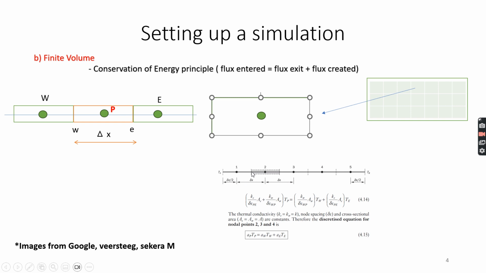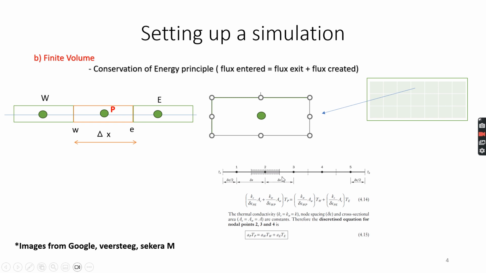As you can see over here, this is a set of 5 nodes for the one-dimensional heat equation, and the equations are written over here as 4.14, where it involves the coefficient of thermal conductivity, the temperatures at that particular finite volume node, which are Tp, Tw and Te, and also the area of the finite volume with the distance to the nodes.